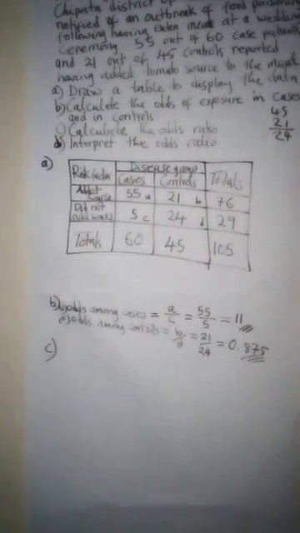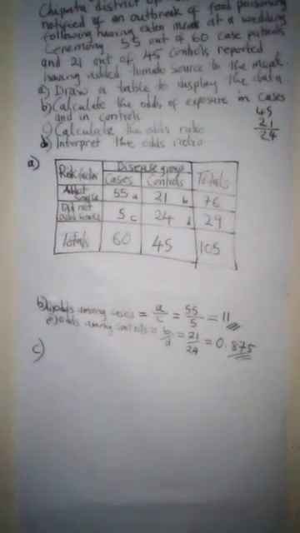Then part C. Part C is asking us to calculate the odds ratio.